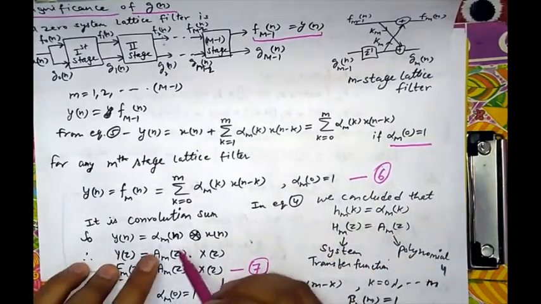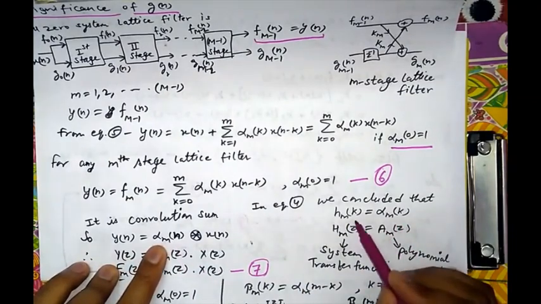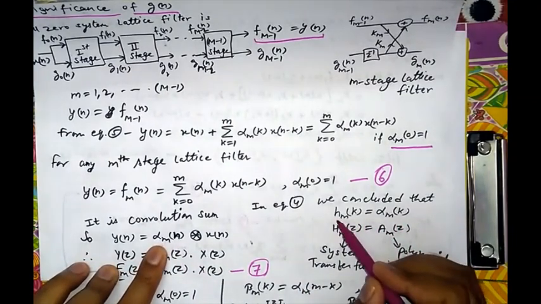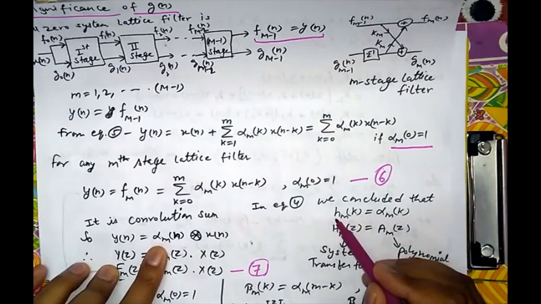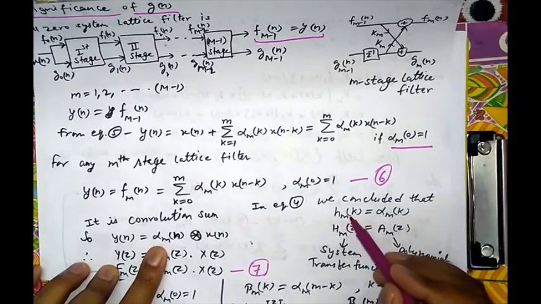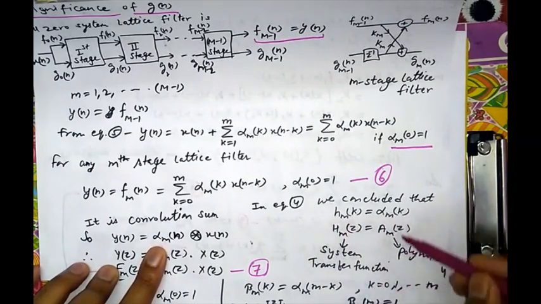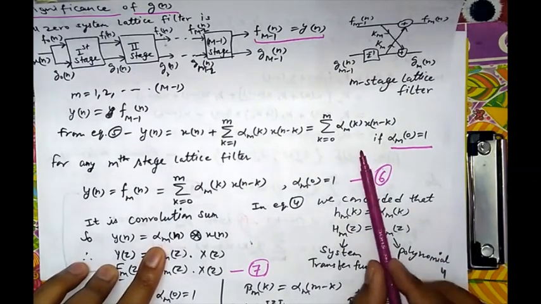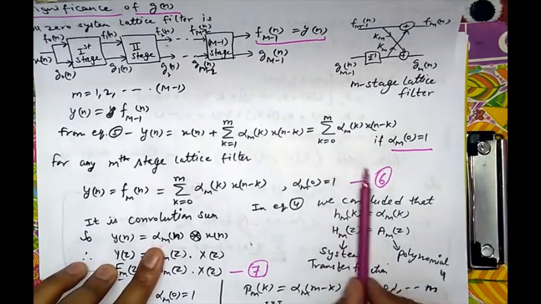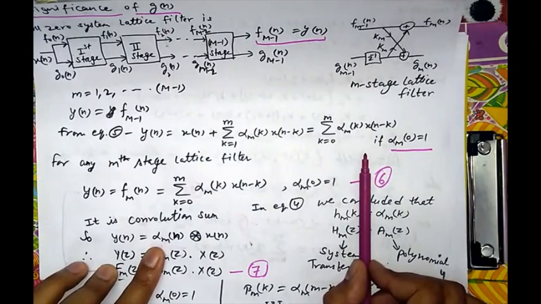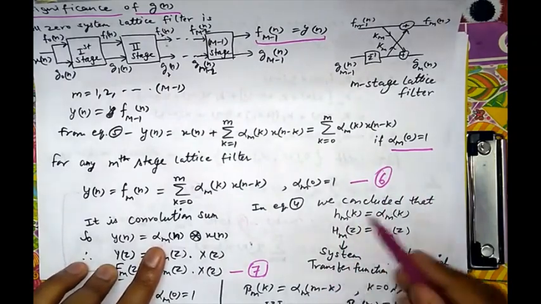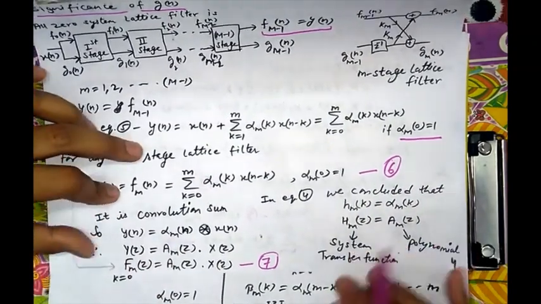Further we know that alpha m is also hm. We know that in previous slides we have studied that hm and alpha are different values. These are the system transfer function, these are polynomials. These are just representations. If we are talking about a filter, then we use h. When we are talking about a polynomial, we use this term. So both are synonymous, both are the same.